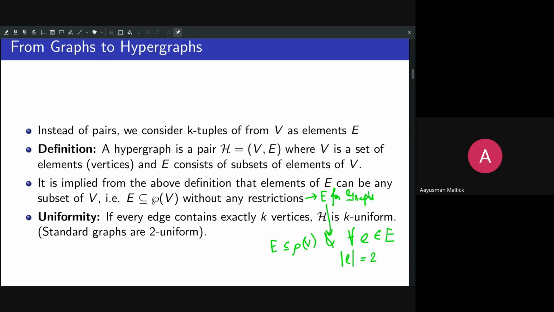Now I would like you guys to think upon the question. Suppose you are given n points. For the sake of intuition, I am considering n points in the basic two-dimensional plane.